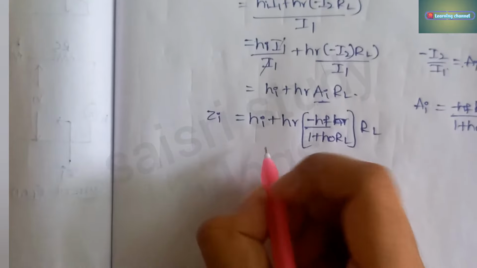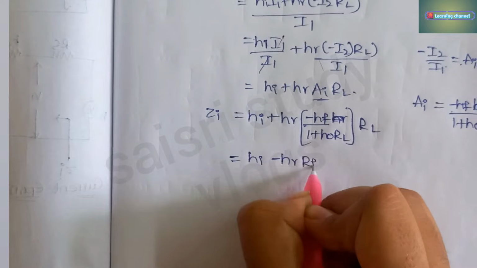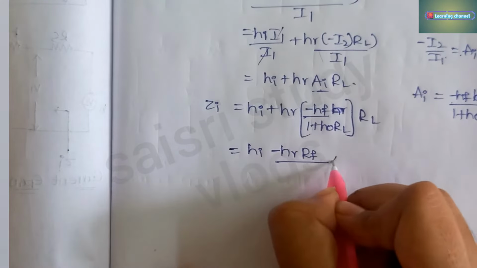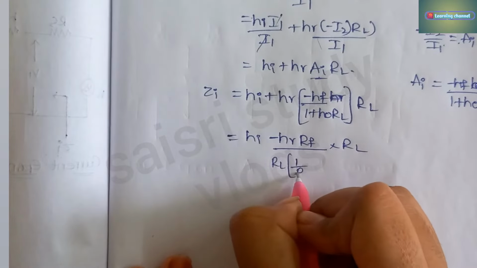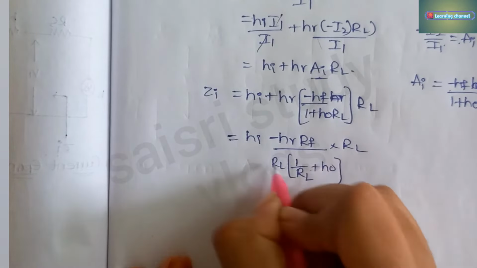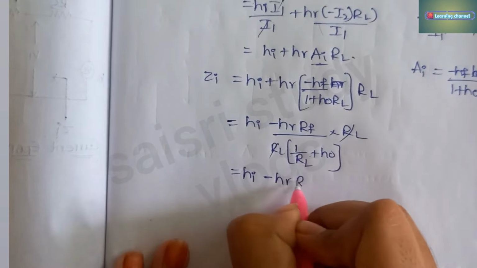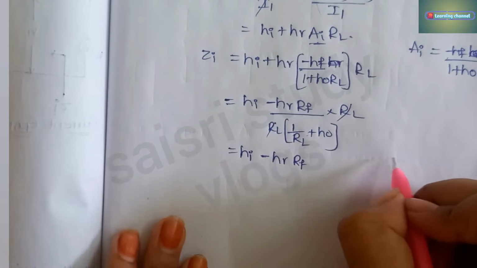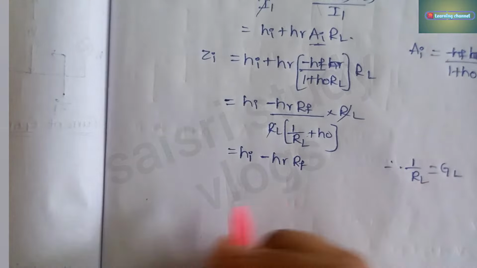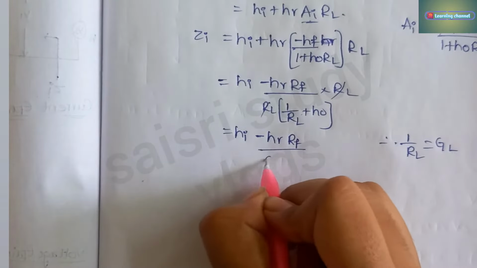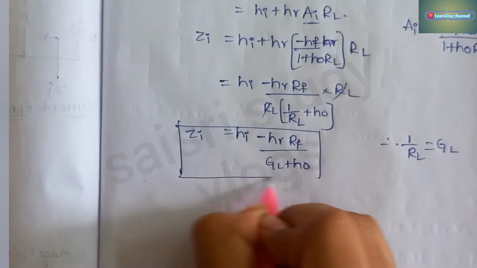Taking RL common, it becomes 1 by RL plus H naught, so RL gets cancelled: HI minus HR HF divided by 1 by RL plus H naught. Let us assume that 1 by RL is equal to GL. Then it becomes GL plus H naught. So this is the formula of input impedance.